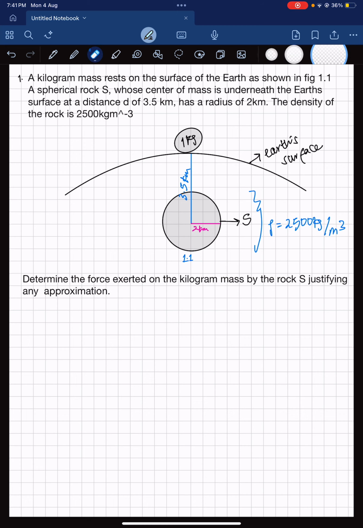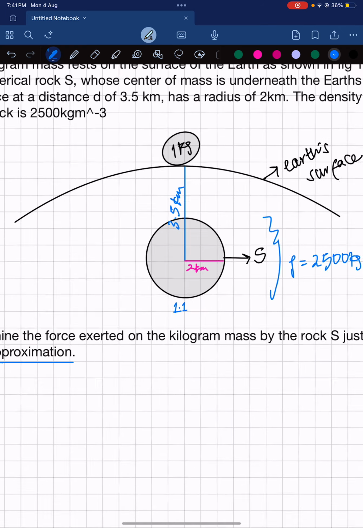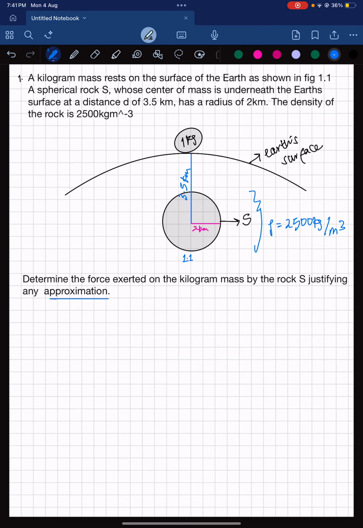So they say they need the approximation because the question has not stated the radius of this rock. So how would we calculate the force exerted on this kilogram without knowing its radius? So we will just approximate.